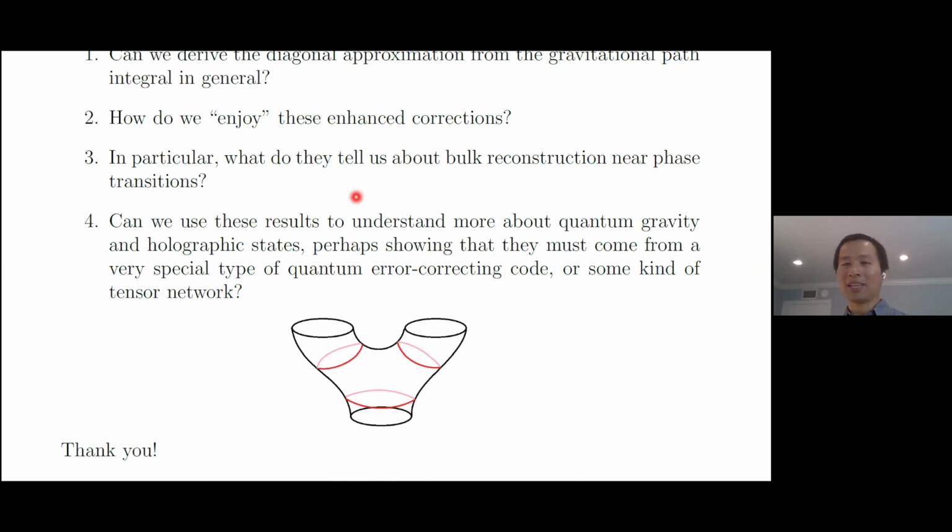And I would like to say that in AdS, this is a feature that we should be able to derive just from gravitational path integrals. In my example, the averaging made everything easier, but I don't think that's necessary. You expect, if you consider an actual pure state, you would get the same answer?